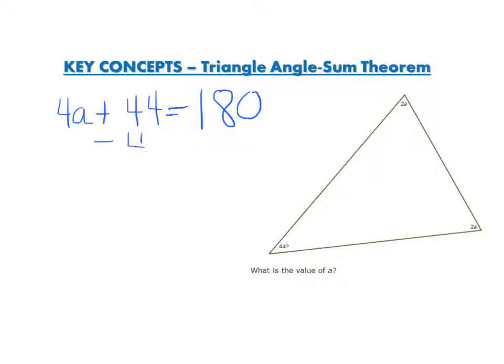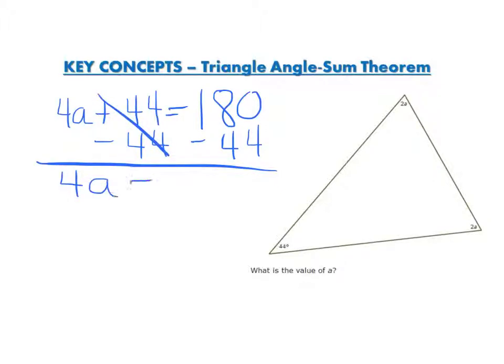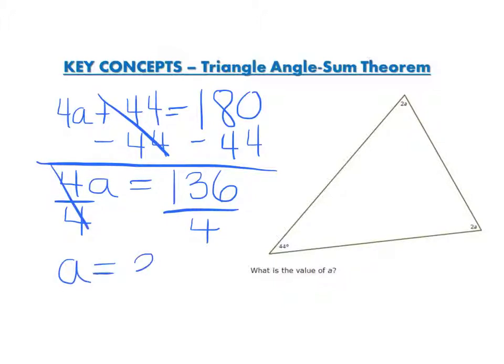I'm going to subtract 44 from both sides, which gives me 4A equals 136. I divide both sides by 4, giving me A equals 34.